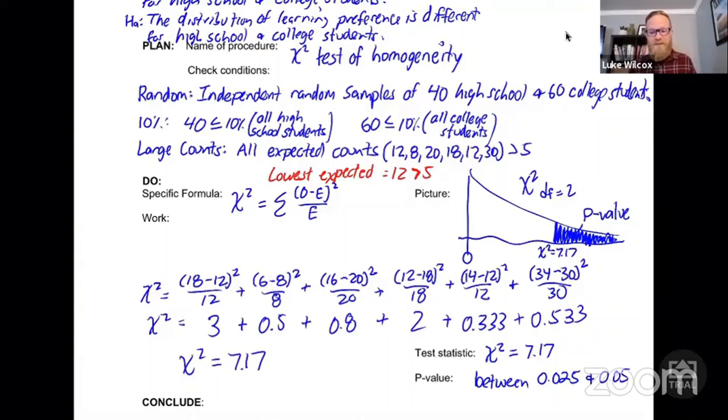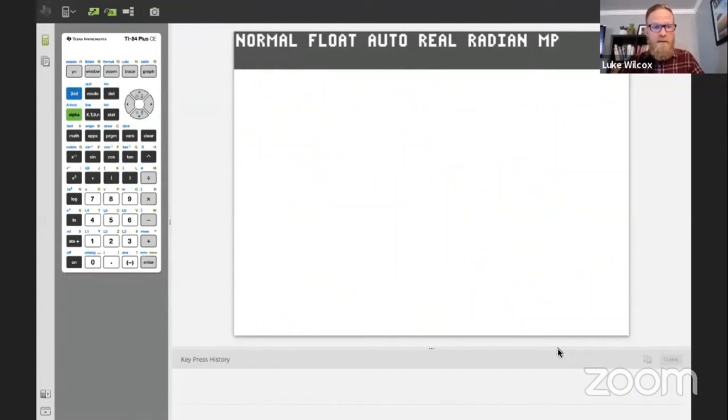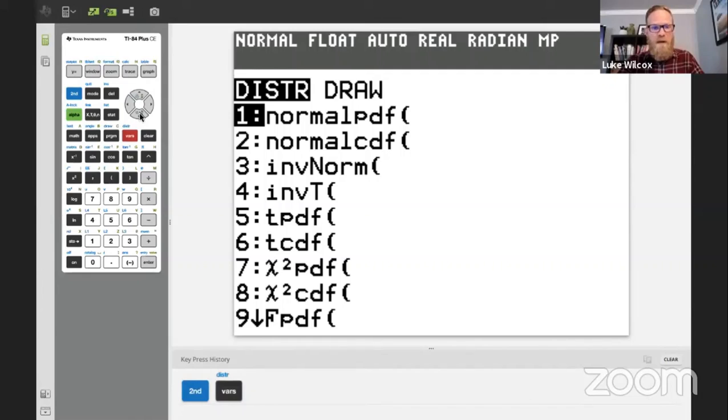I did show you yesterday how to do this on the calculator. So let me remind you of what we need to do on the calculator in order to get the p-value. If you could grab your calculator, or you can just follow along with what I'm going to show you here. We want to find the area underneath the chi-squared distribution. From yesterday, you should know that that's second vars. The command that we want is chi-squared CDF.